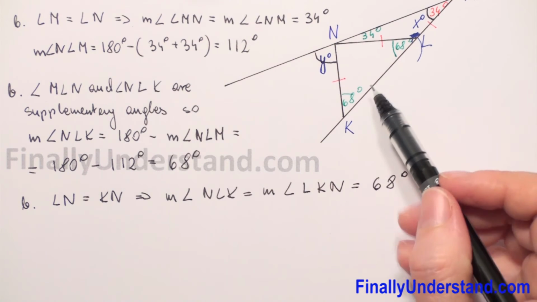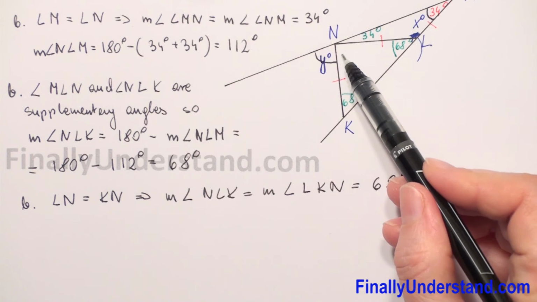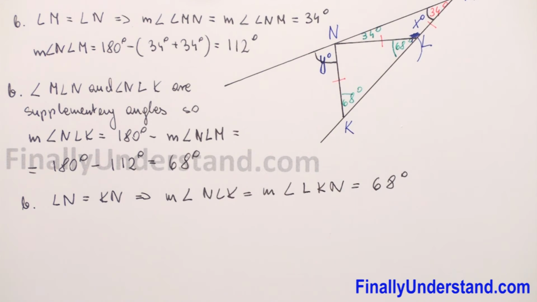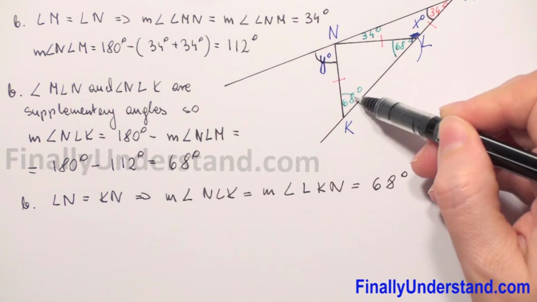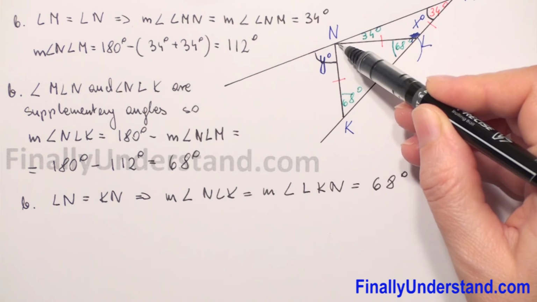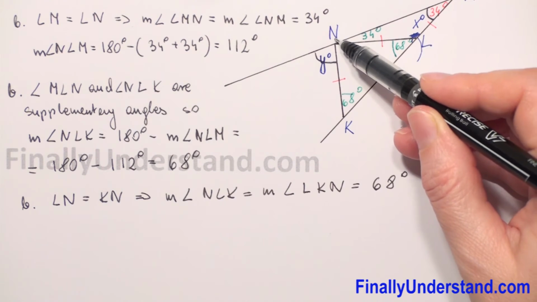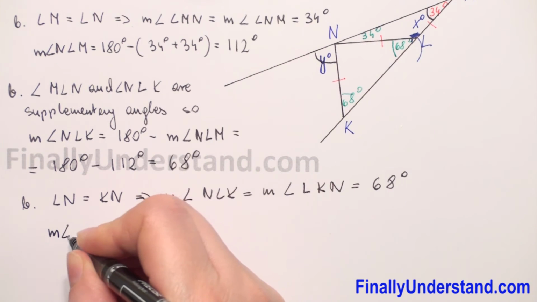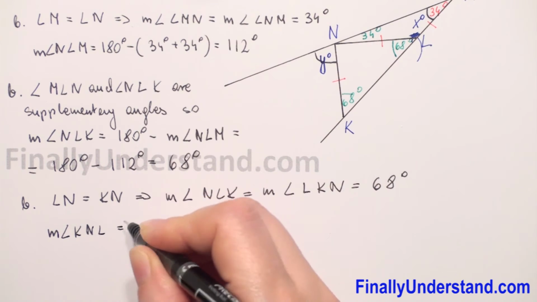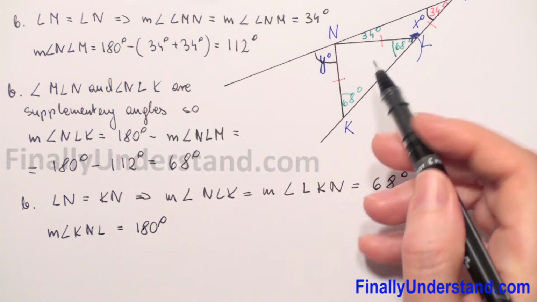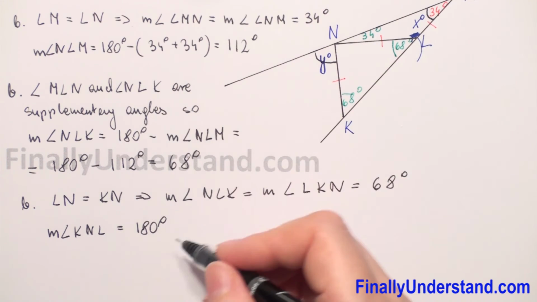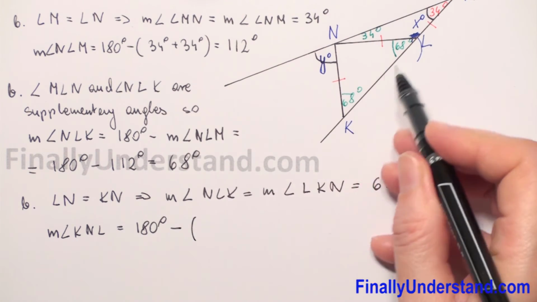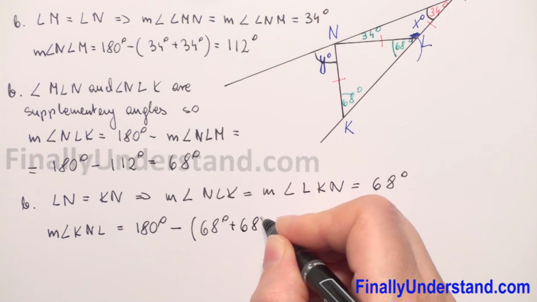We have this. So now, when we have these two angles, we can find the third angle in our triangle. So we have these two angles of our triangle KLN. So the measure of angle KNL is equal to what? 180 degrees, because the measure of interior angles of a triangle is 180 degrees, minus, and we have two angles of 68 degrees, so 68 degrees plus 68 degrees.